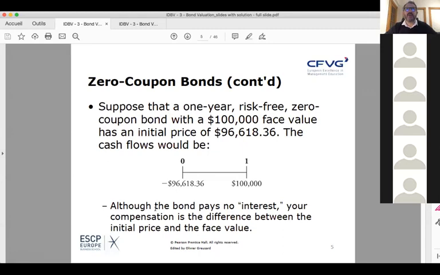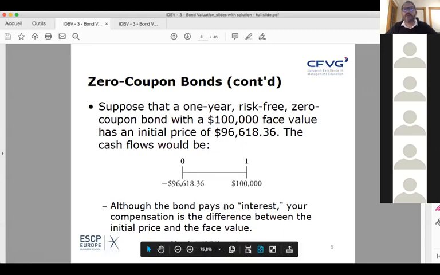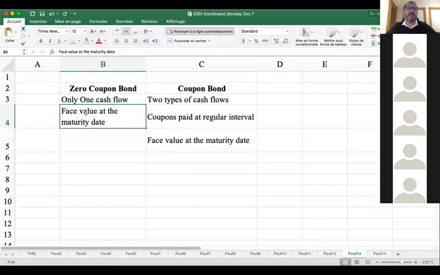In the zero coupon bond, since you have no coupons, the only return that you have comes from the difference between the face value you receive at the maturity date and the price you paid, which was certainly lower, because zero coupon bonds sell at a discount.